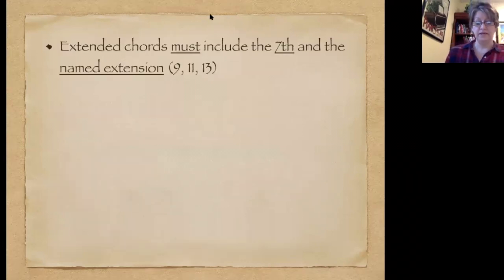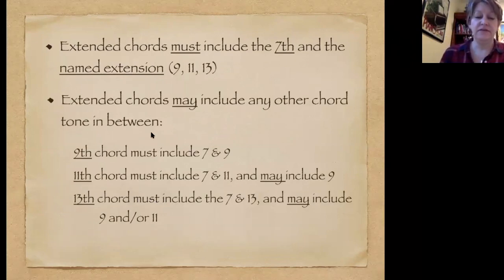Extended chords, again, are 9th, 11th, and 13th chords. This is one of those rules you just got to know. An extended chord must include the 7th and the named extension, either the 9, 11, or 13. It may include any of the chord tones in between, if there are any. So the examples: a 9th chord must include a 7th and a 9th.